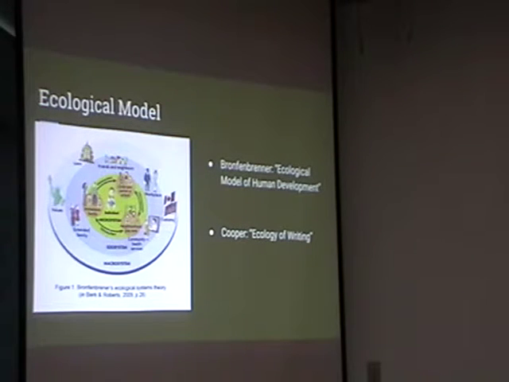Then outside is your extended family, workplace, friends and neighbors, like your community outside of your daily experiences. And then outside of that is your cultural context. What country are you growing up in? What are the cultural norms where you live? What are the laws and the expectations for the broader culture?